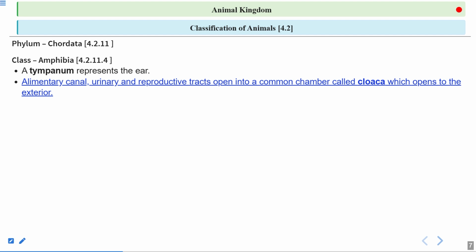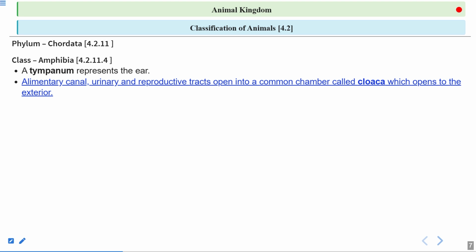So here, whatever undigested food is coming from the alimentary canal, the nitrogenous waste material from the urinary tract, and also the opening of the reproductive tract, all three things open into a common chamber that is called cloaca, which opens to the exterior.